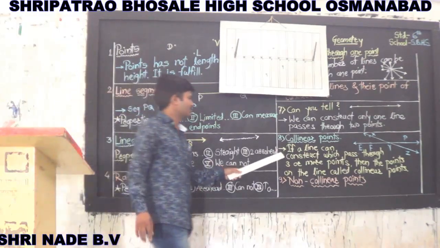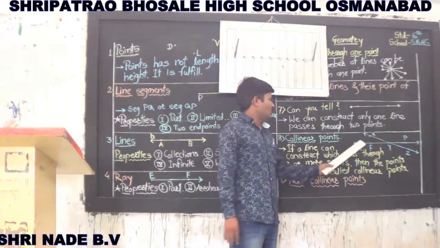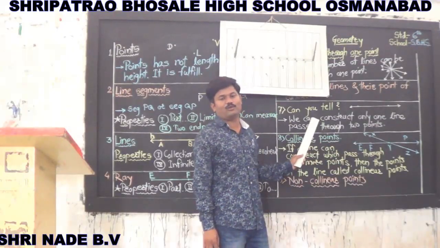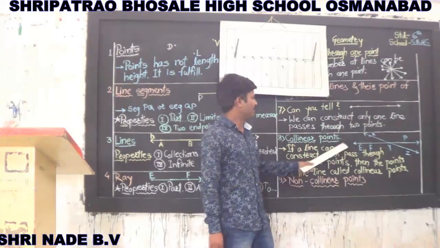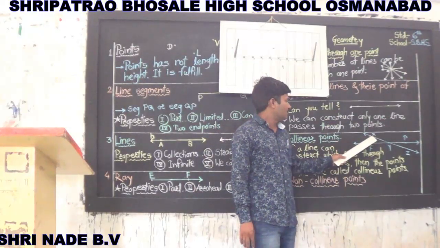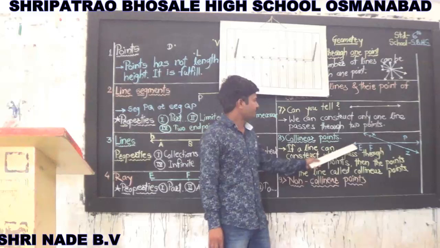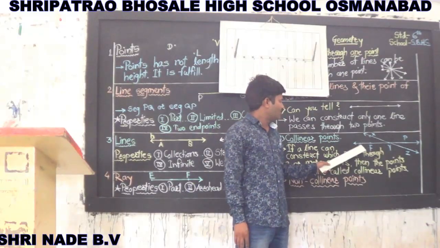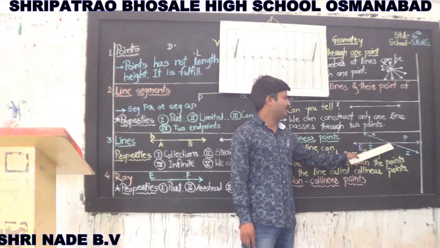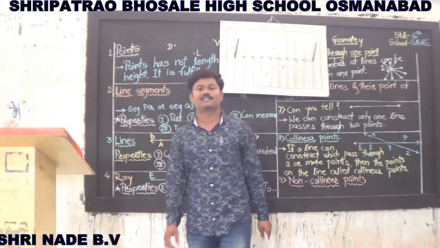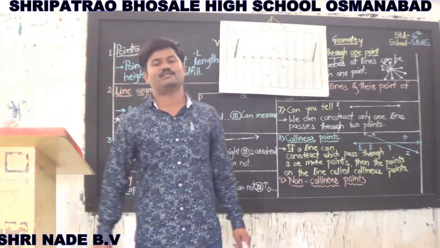Here we are looking at examples of non-collinear and collinear points related to this figure. Here are two lines. Point E, point F, point Y are an example of collinear points.